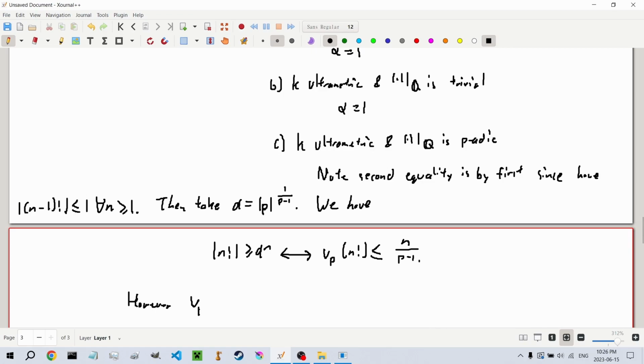However, the p-valuation of n factorial is the floor of n over p plus n over p squared, and so on, which is at most n over p plus n over p squared plus so on, which is a geometric series, so this is just n over p minus 1. So we get that n factorial is at least alpha to the n. And this is all the setup we need to prove our two theorems.